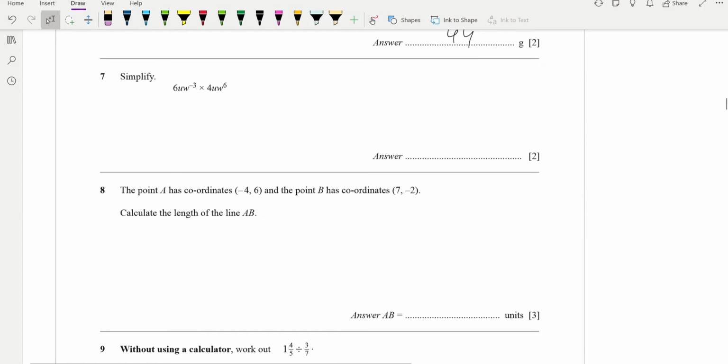Now question number 7, we have to simplify this expression.